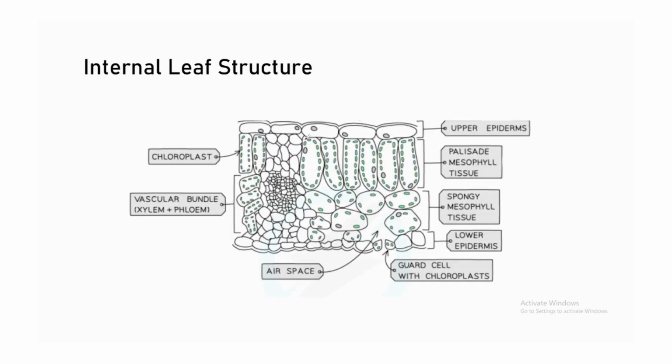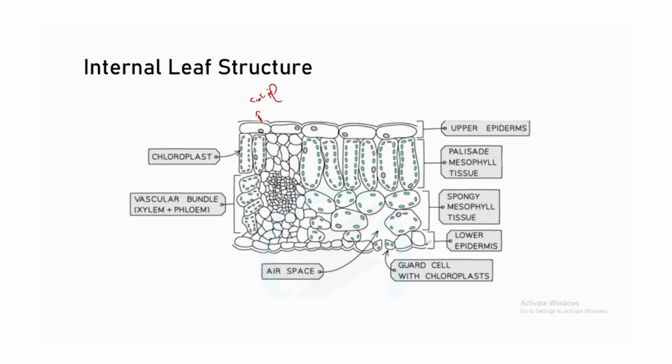Internal leaf structure. This is the epidermis, cuticle. This one layer is known as the cuticle. Chloroplasts, palisade mesophyll cells or tissue, spongy mesophyll tissue.